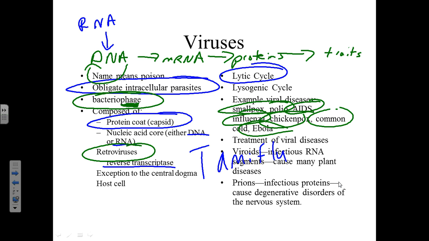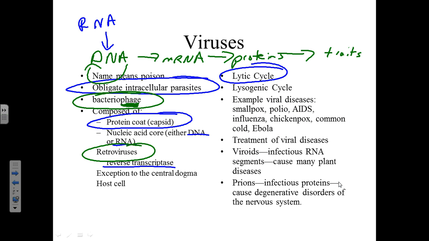Another couple of things I'll mention, and then I'll call it a day. There are these little particles called viroids, which are, what do we know that means after our discussion today about the letters OID? Sort of like a virus. They're simply pieces of RNA. No protein coat, no capsid.